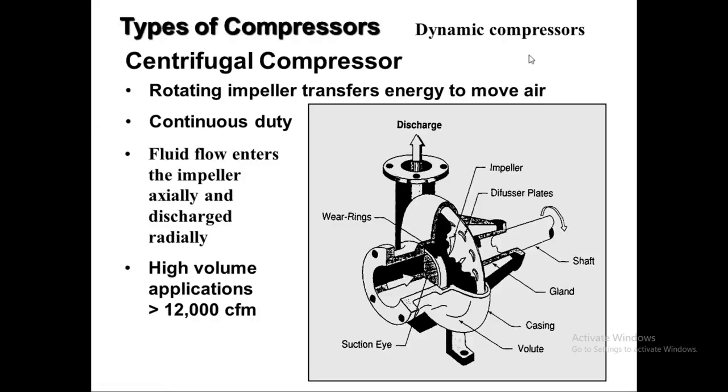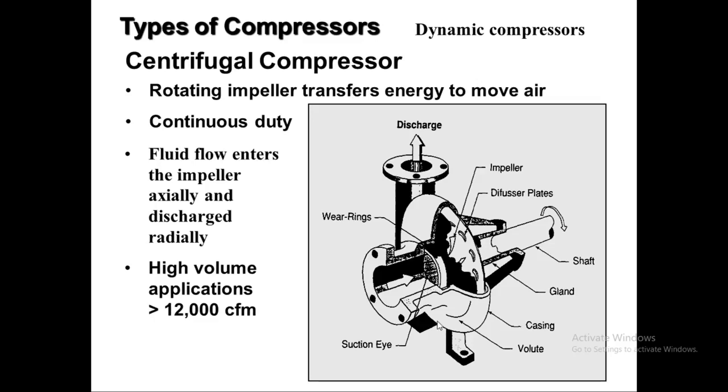This is the dynamic compressor, the centrifugal type of compressor. These are the impellers, and this is the diffuser plate here. But this is the impeller. This is the blade which is rotating at very high speed. The shaft rotates at around 3000 RPM.